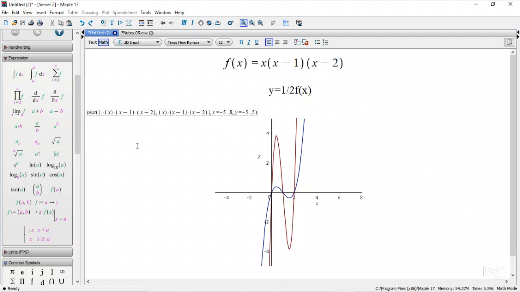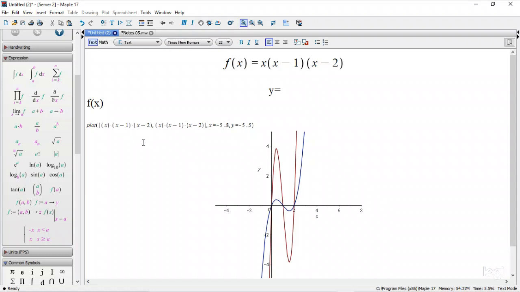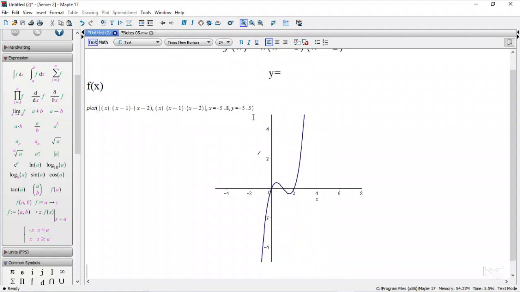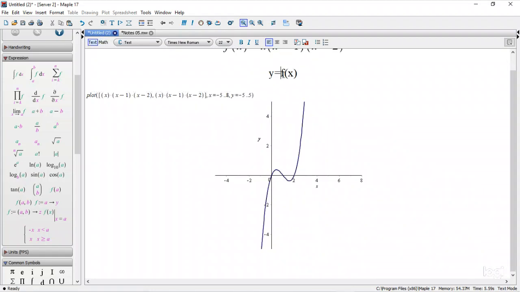Okay, let me try now. Yeah, now this graph is fine.